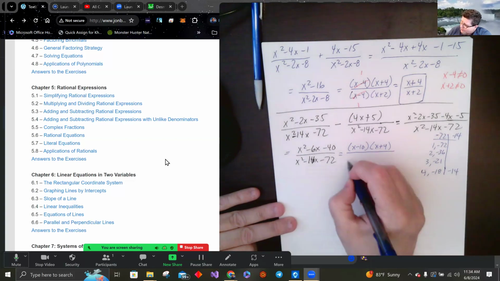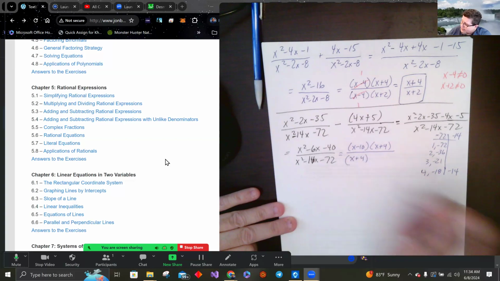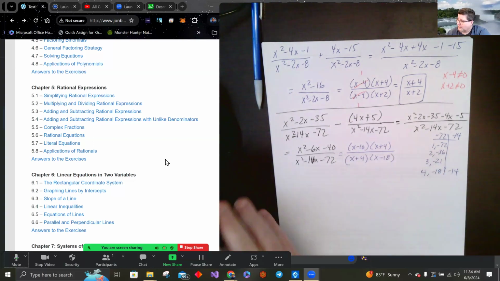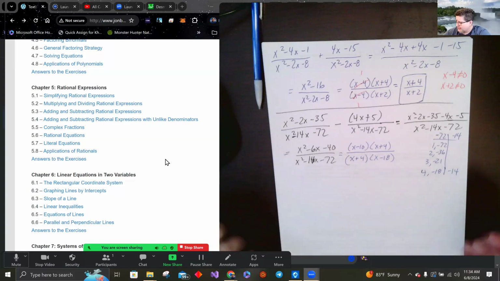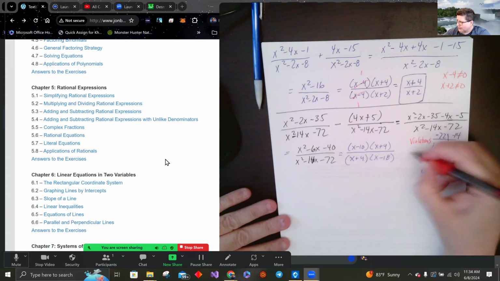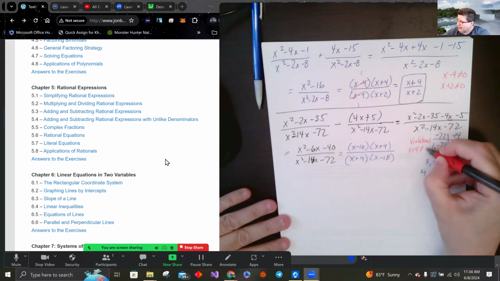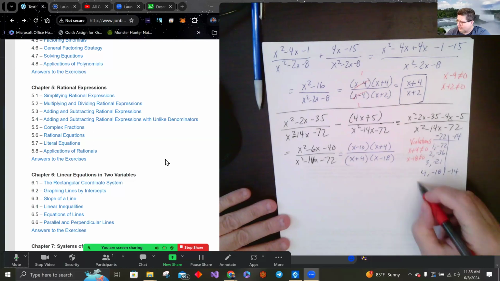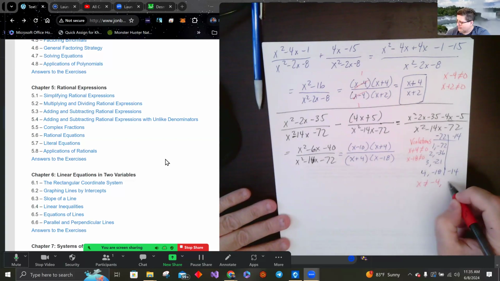This ends up being x plus 4, x minus 18. My violations are x plus 4 equals 0 and x minus 18 equals 0. So x cannot equal negative 4 or 18.